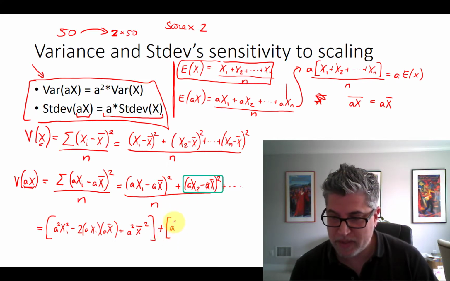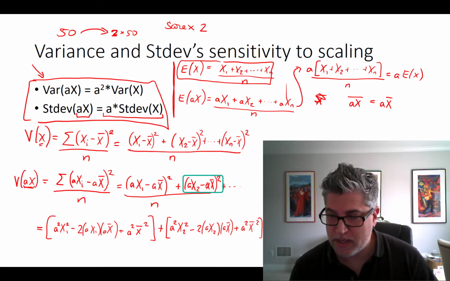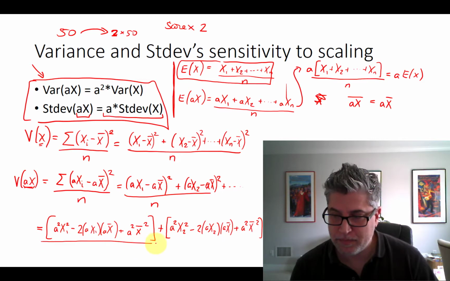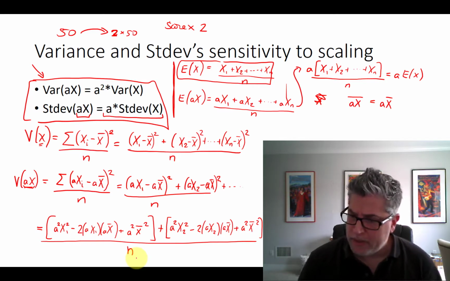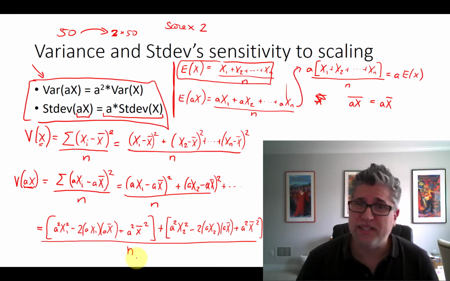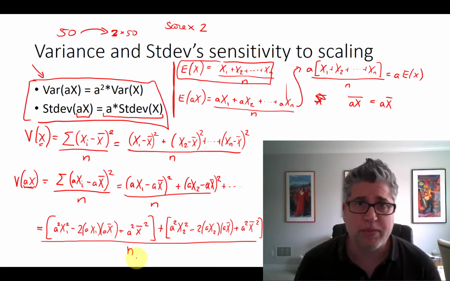So we have A squared x sub 2 minus 2ax sub 2 ax bar plus a2x bar squared, dot, dot, dot. All of it dividing by n. Again, gnarly, but we need to simplify because this thing is way too complicated.